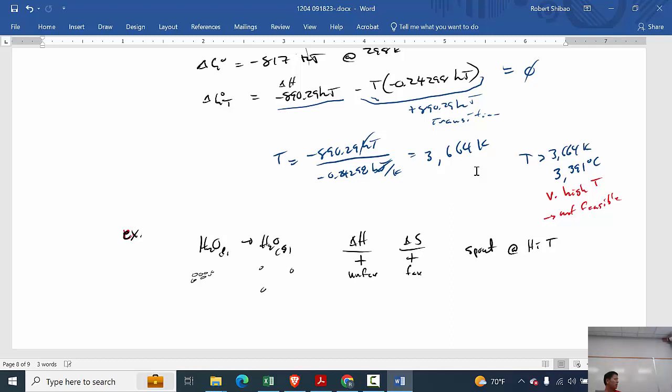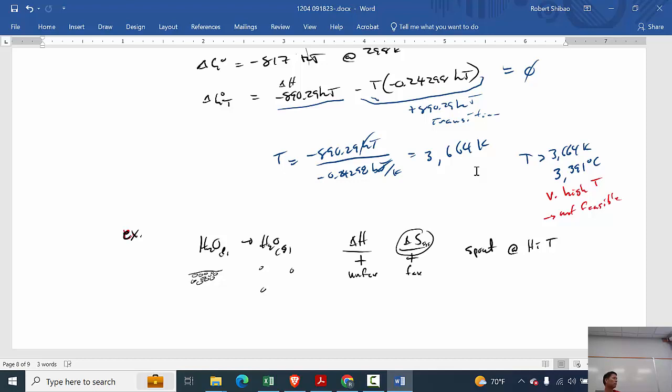In the gaseous state, there are much fewer constraints. In the liquid, it's constrained. All the water molecules must be stuck to one another. Here in the gaseous, we don't have that constraint, and they can move about. So there's a lot more freedom here. And this is all we're looking at in this term. This is our delta S of the system.